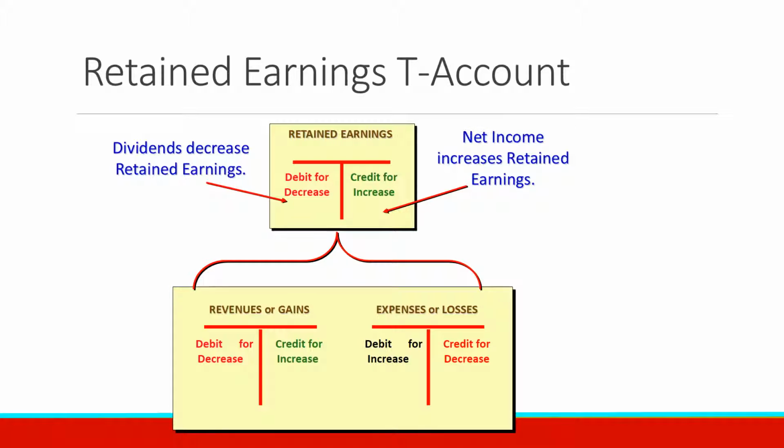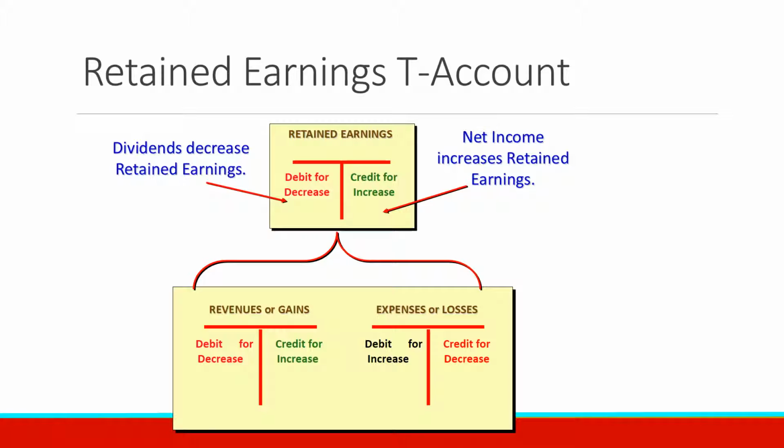If you added up all the revenue accounts and subtracted all the expense accounts, you would come up with the net income number, which, if revenues are exceeding expenses, would be a positive number with a credit balance. So what you could do is close the revenue and expense accounts and transfer those amounts into the retained earnings account as net income, as a credit.